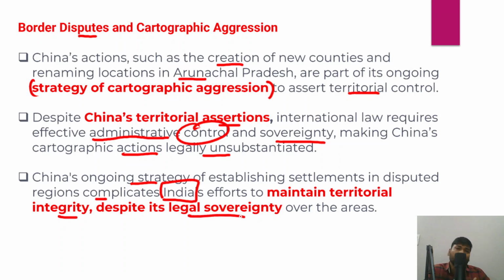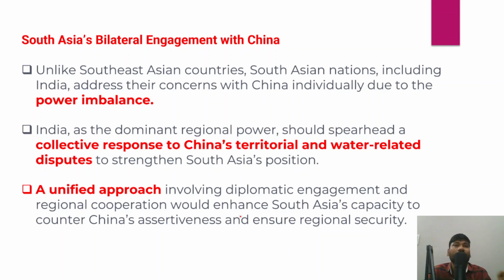Now, there's no doubt that India has sovereignty over Arunachal Pradesh, but the assertive claims of China on these areas would further complicate India's territorial integrity as well as its sovereignty.